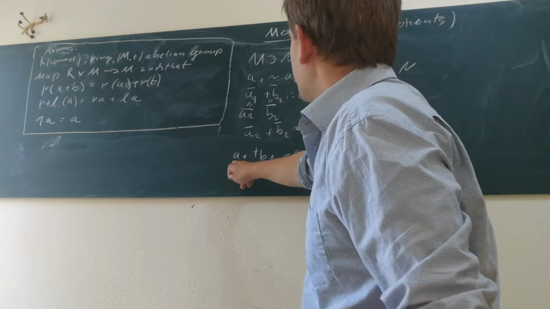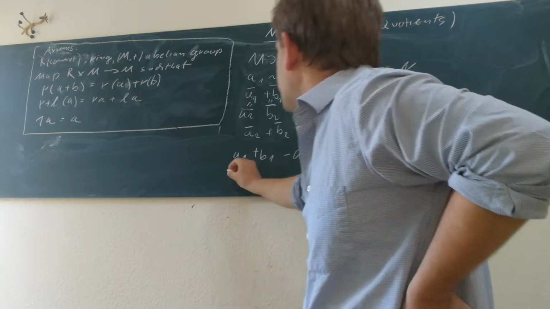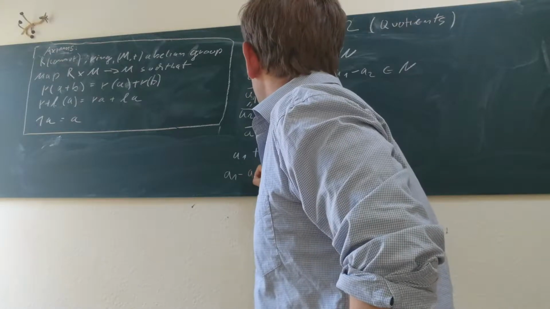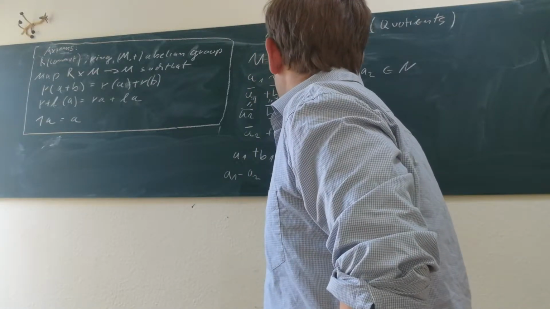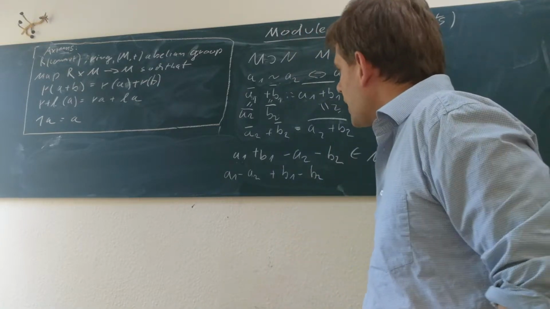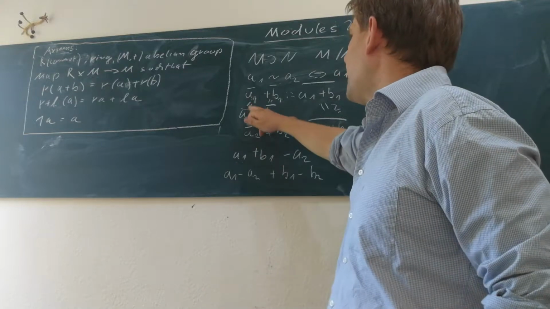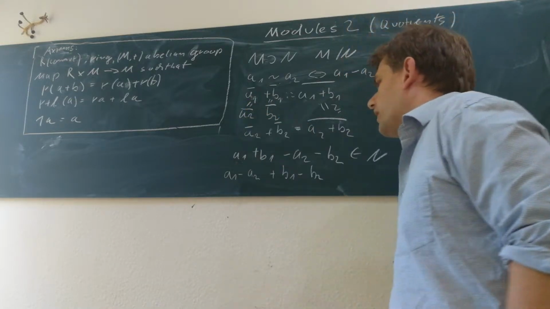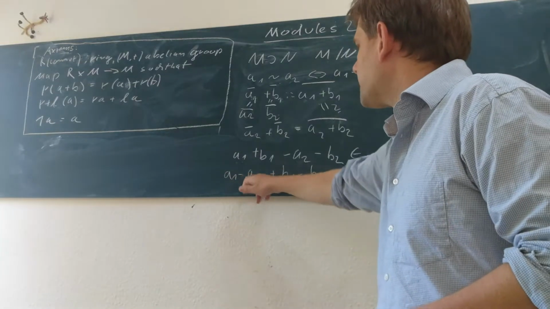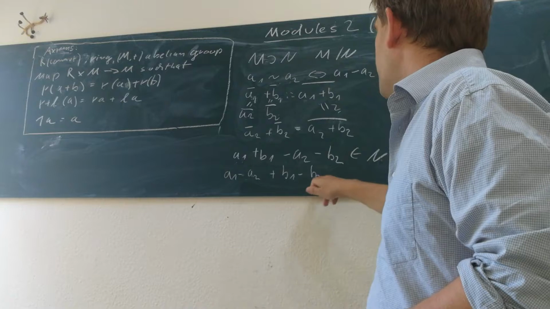But look, this is easy to see because this is nothing but A1 minus A2 plus B1 minus B2. But A2 and A1 are in the same equivalence class, so A1 minus A2 is in N, and the same is true for B1 minus B2.